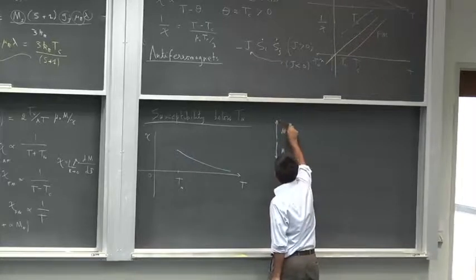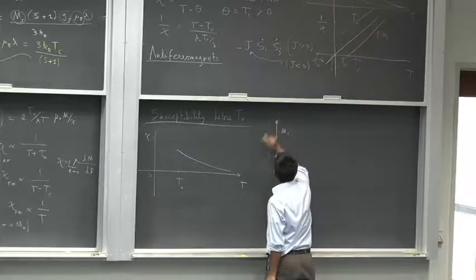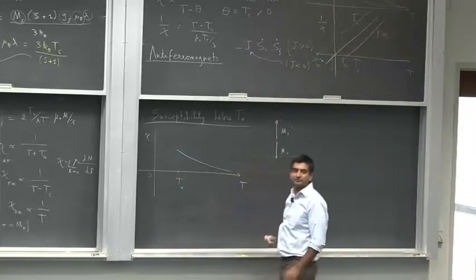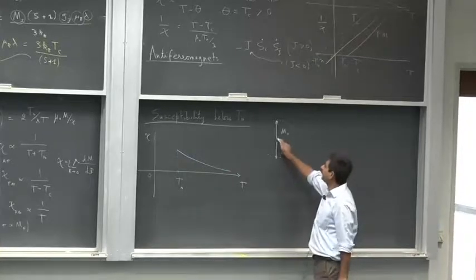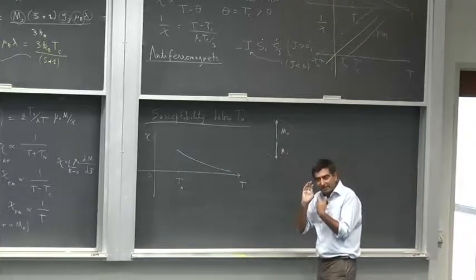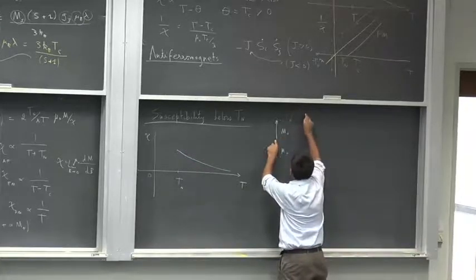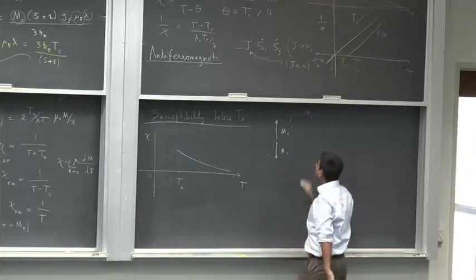I draw a circle here. Suppose I'm at 0 kelvins. When I'm at 0 Kelvin, each one of these domains is at its saturation level. So the radius of this circle is Ms. And I'm at T equals 0.